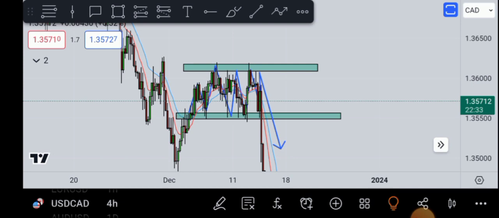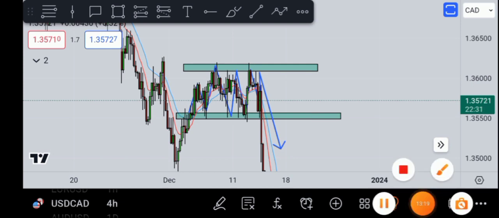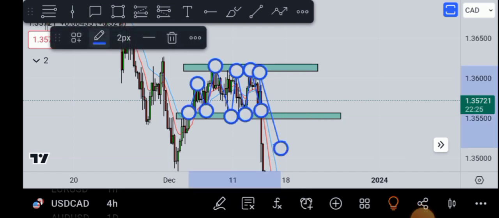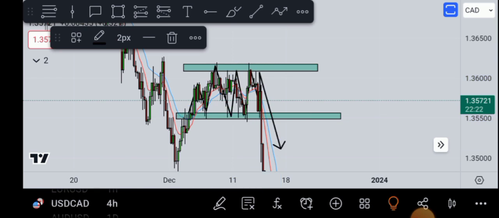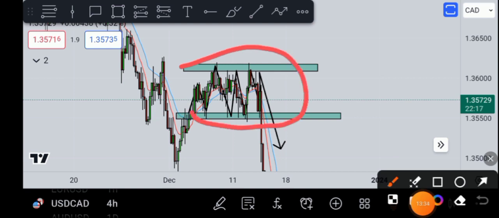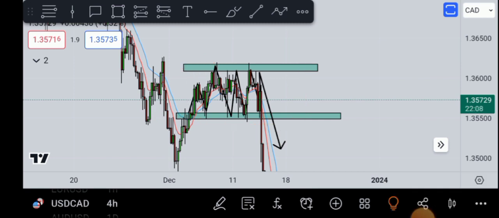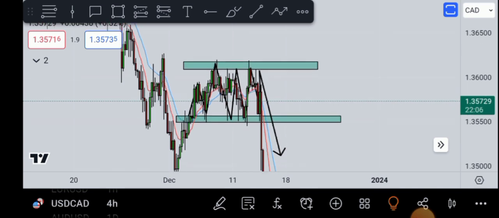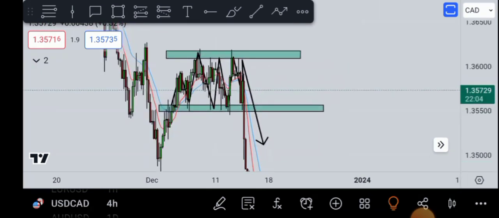Within this region, let me give this a distinct color so that we can see it. You can see clearly now that within this region, you will discover a static support level and static price action. I feel like this explains it to an extent.